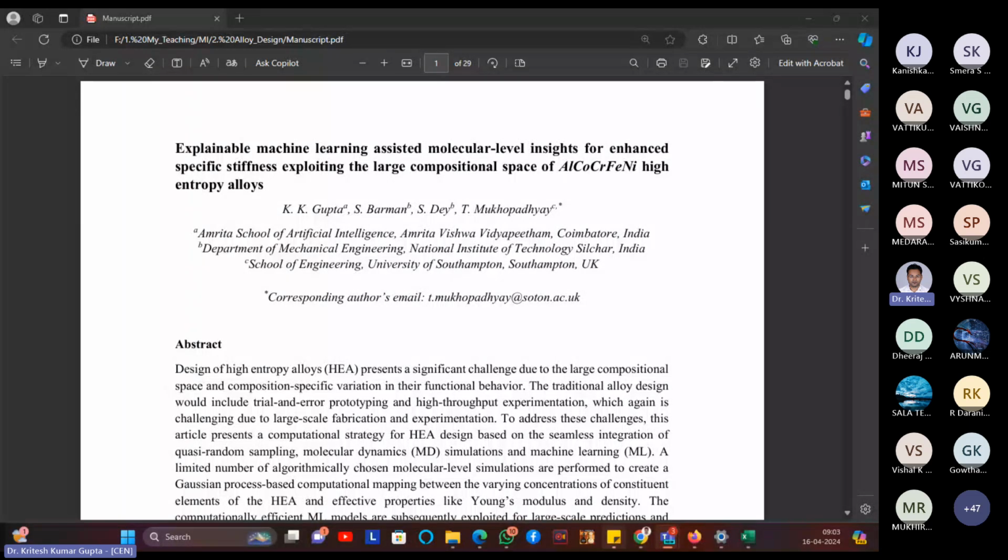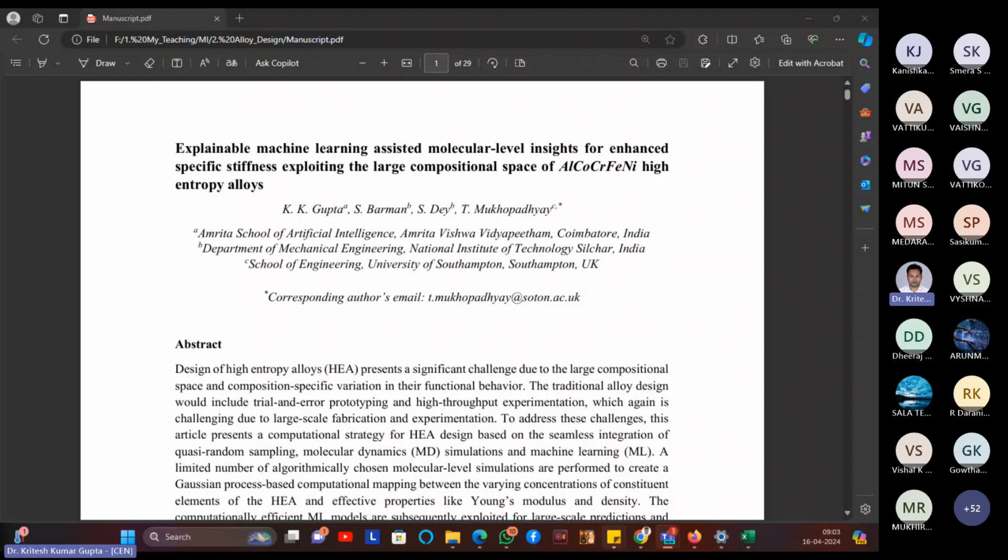Okay, so today's class is quite important for those who are working with design of high entropy alloy, design of perovskite, or any other machine learning model based project. In today's class, they can get the insight into how this machine learning model can be further utilized for data intensive problems.